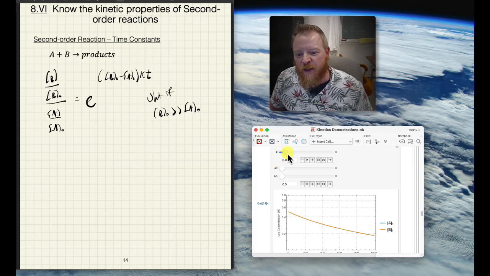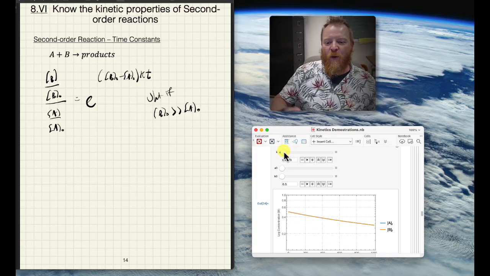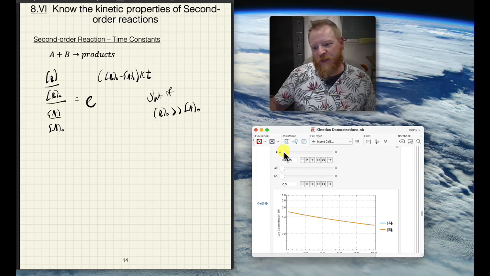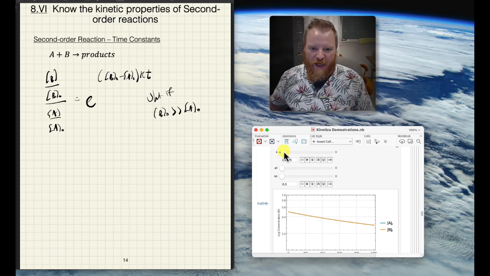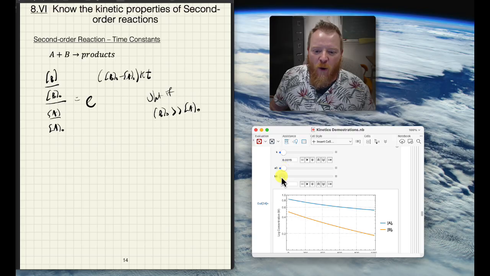But notice out at large reaction times, it does start to have some curvature. So it's not quite behaving like this first order only reaction or second order only reaction. It's dynamic. But now what if I increase one just ever so slightly above, make them just ever so different, and now I increase K.